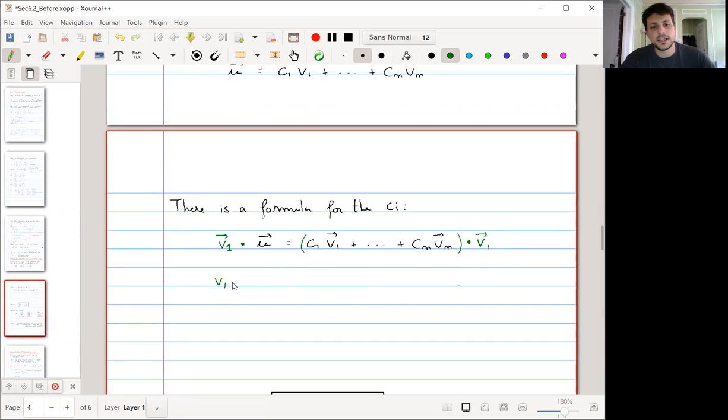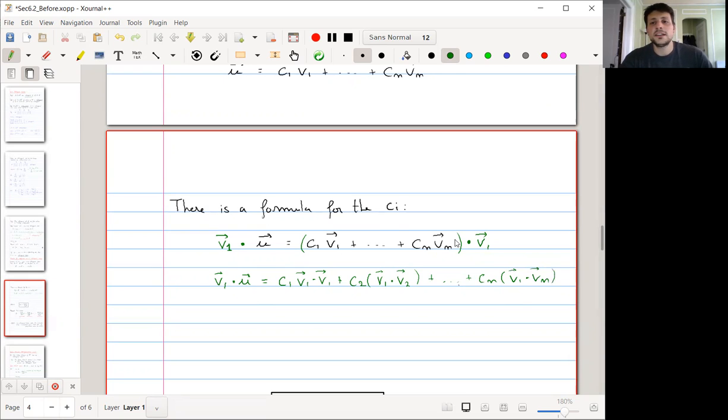So on this side, I get v1 dot u. In here, I get an expression similar to what we obtained before: c1 times v1 dot v1 plus c2 times v1 dot v2, all the way to cn times v1 dot vn.